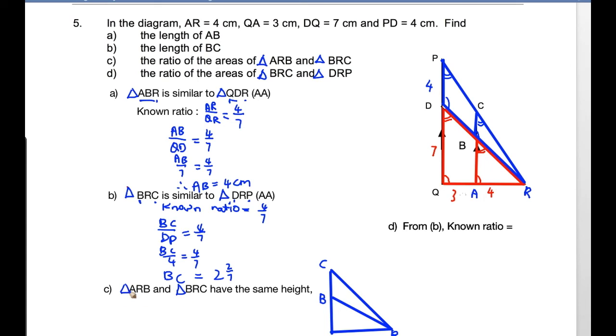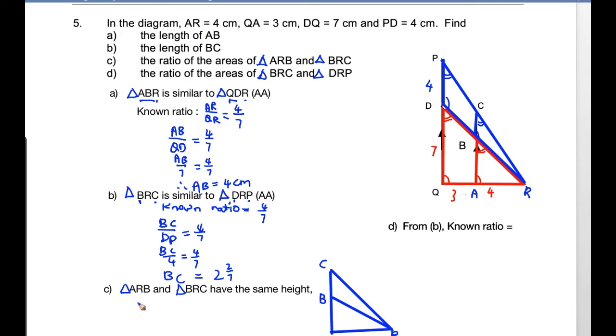In the third part, we can see that the areas ARP and BRC are actually triangles with the same height as they branch out from the same point.